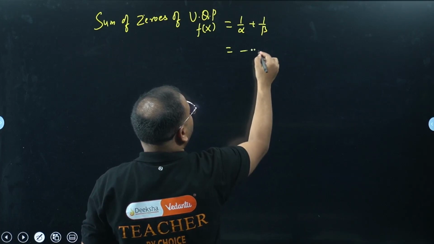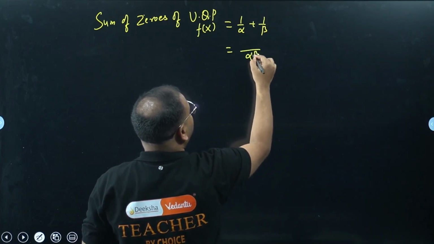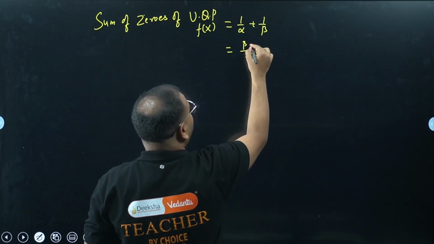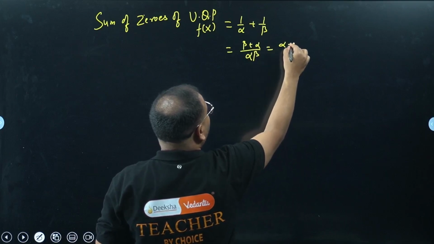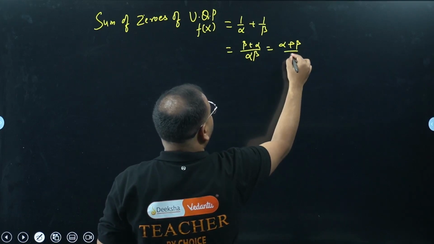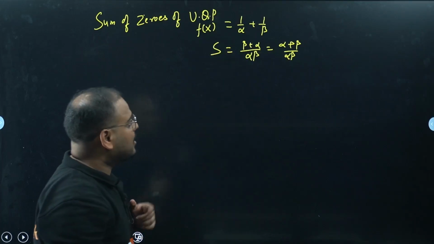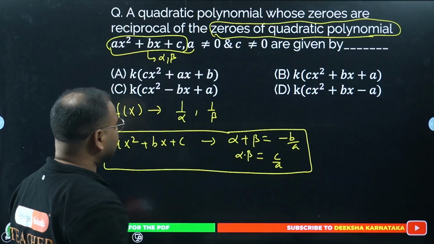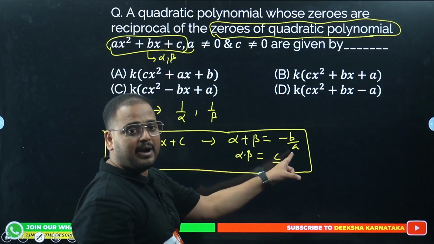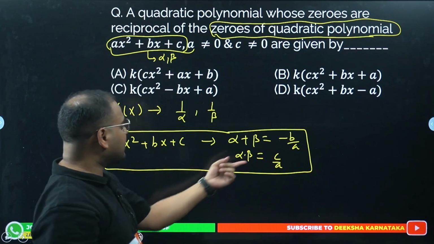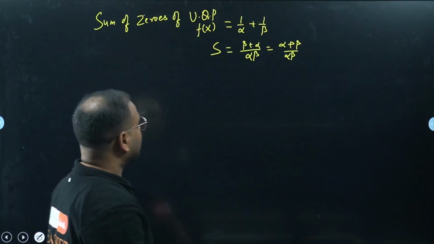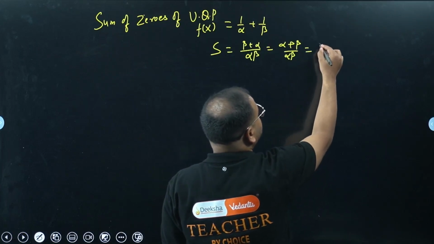The LCM is alpha beta. This is beta plus alpha. I can write this as alpha plus beta upon alpha beta. This is the sum, so I can write this as capital S. The sum alpha plus beta we got as minus b by a, and the product we got as c by a.